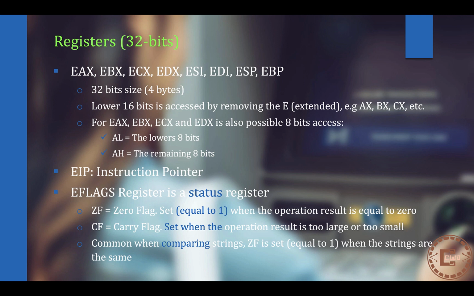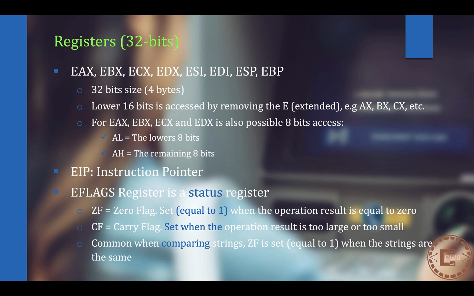And the zero flag is very common. For example, as I was telling you, if you compare two values and those two values are the same, the zero flag is set to 1. Let's say EAX is 2000 and register EBX is 2000.